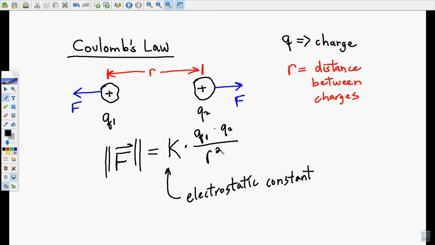Now the units of K dictate what the units of Q1 and Q2 and R have to be. So K happens to be equal to 9.11 times 10 to the 9th newton meter squared over coulomb squared.